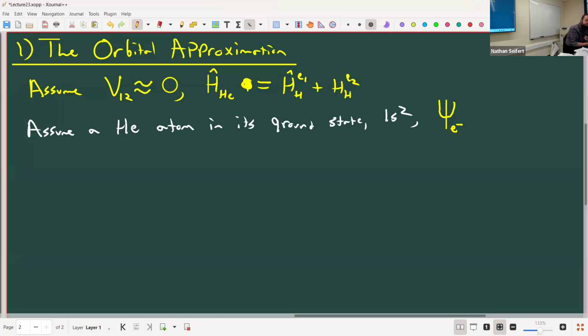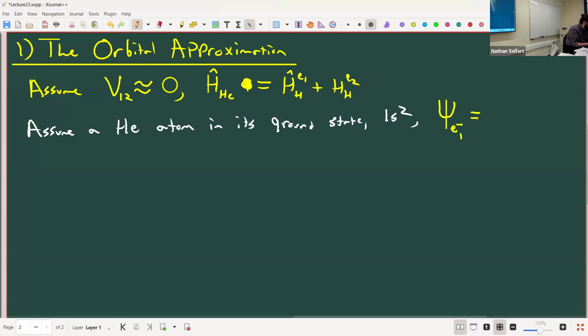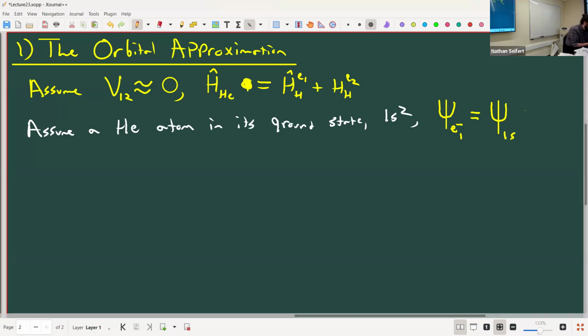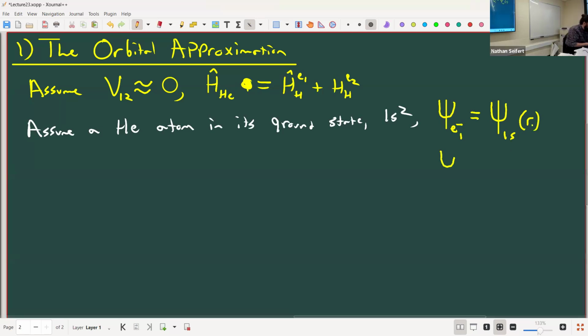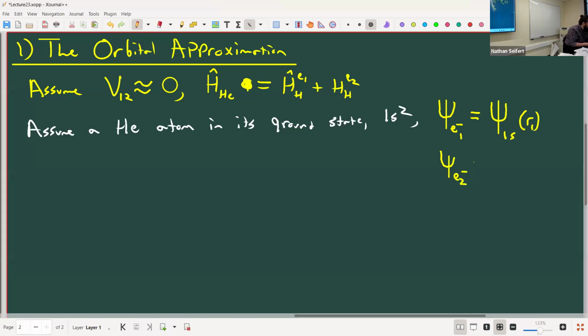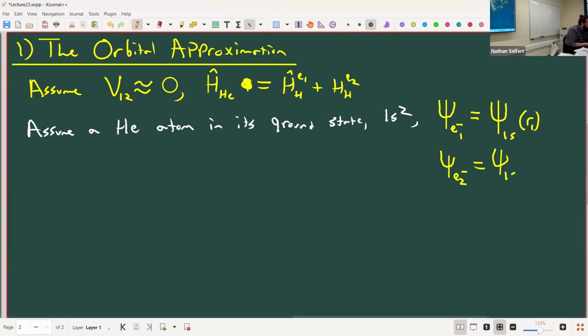Okay. So that means that the wave function for electron 1 is just the wave function of the 1s orbital, which, as you know, is just a function of r. Right? It's a sphere. And sorry, it's localized at R1. And psi 2 is a wave function, a 1s orbital for hydrogen, and these are the hydrogen orbitals at R2.